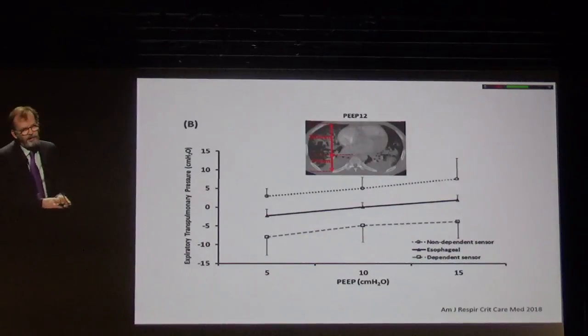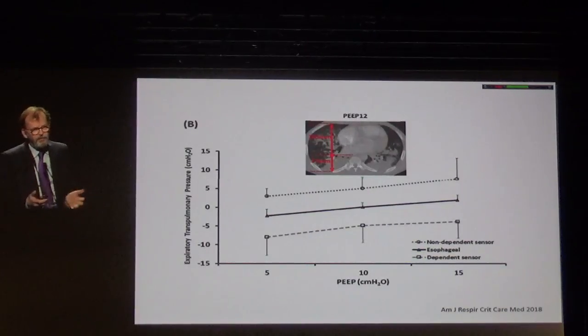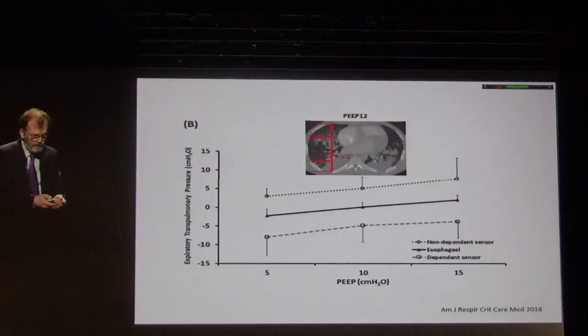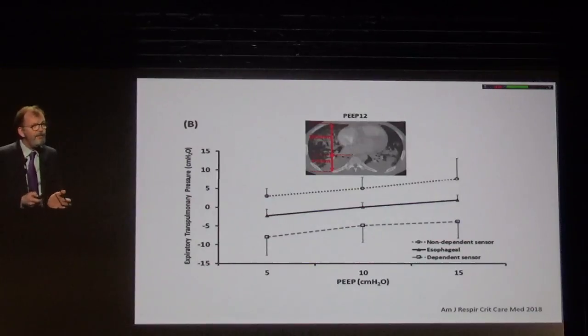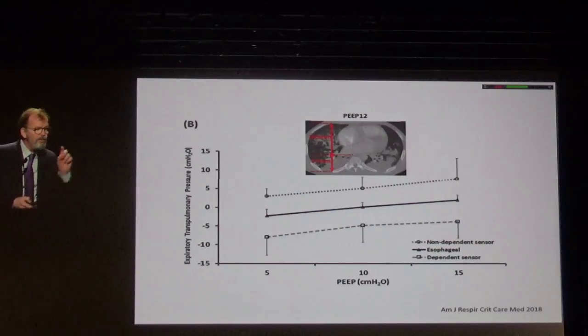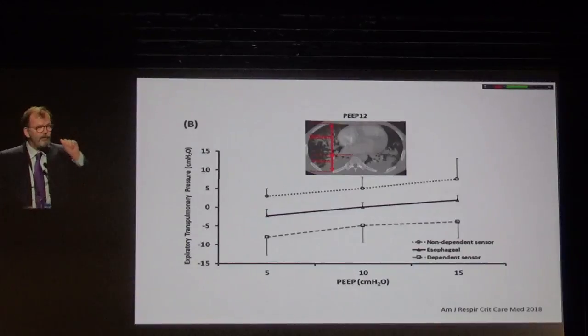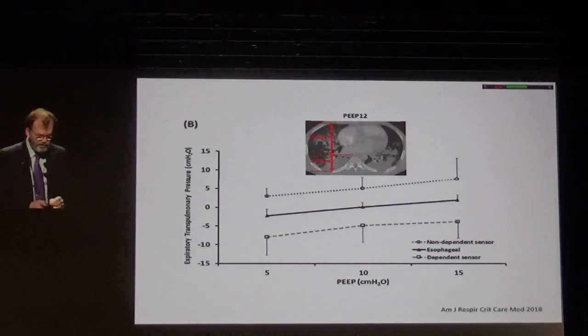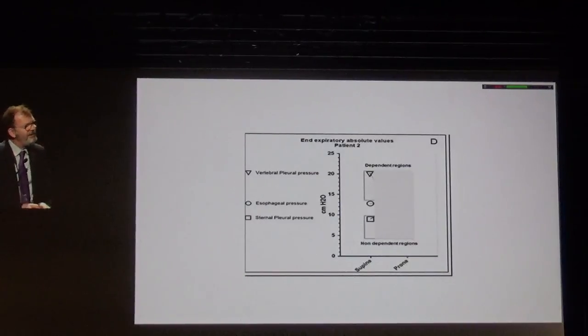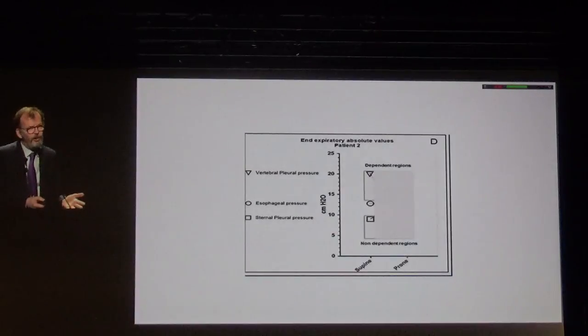In human cadavers, which we think reflect what happens in our patients, you see that the esophagus has a different location, and because of this different location, the measurements reflect the pressure at mid-chest. So when we have the esophageal pressure, and I'm talking of the absolute value, it reflects the pleural pressure approximately at mid-chest.